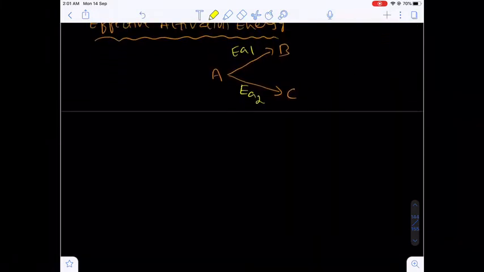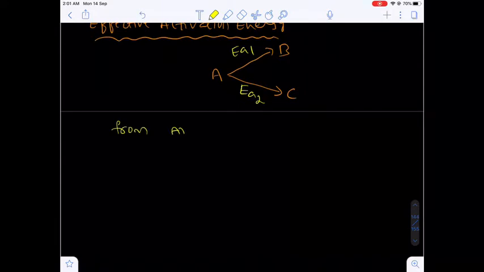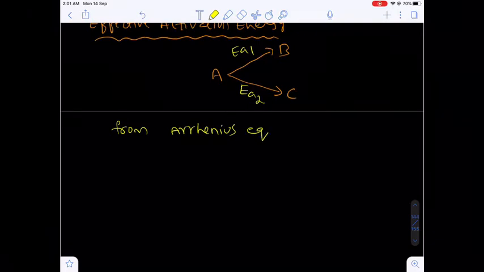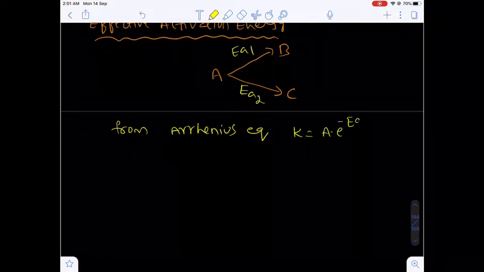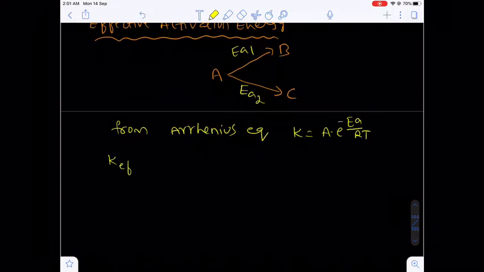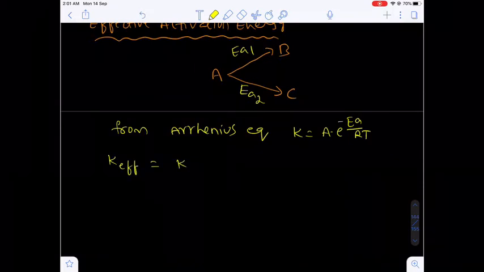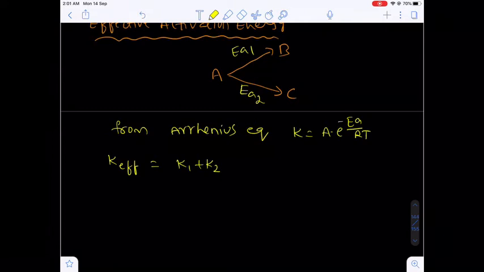Now here we know from the Arrhenius equation, K equals A into e to the power minus EA by RT. Now what is the K effective? K effective is nothing but the algebraic sum of K1 and K2. K1 is the path 1 rate constant, K2 is the path 2 rate constant.